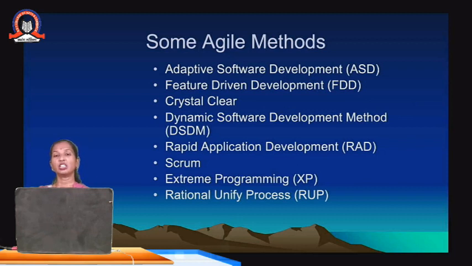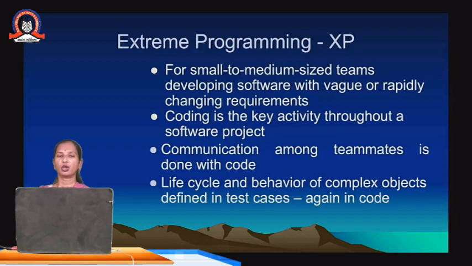Following are the methods followed for agile: adaptive software development, feature driven development, and crystal clear. Next, dynamic software development, rapid application development, Scrum, extreme programming, and rational unified process. Out of these we are going to see the extreme programming method.